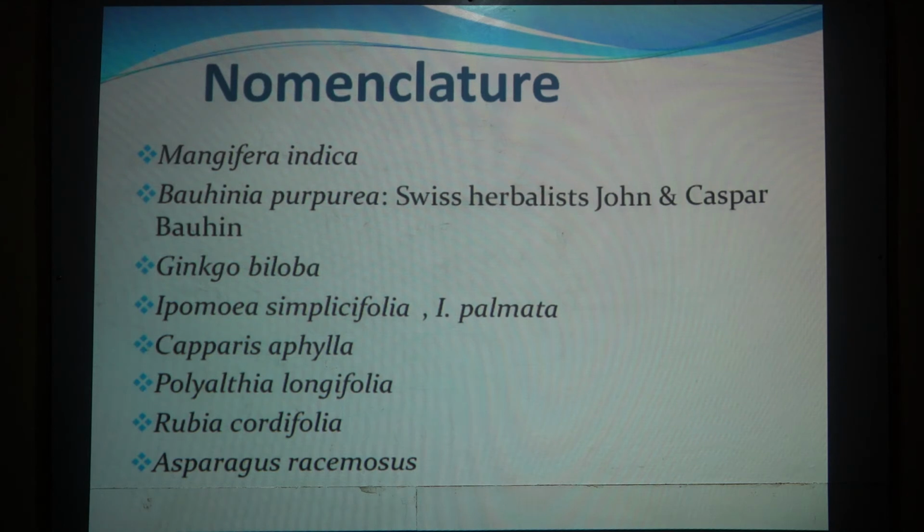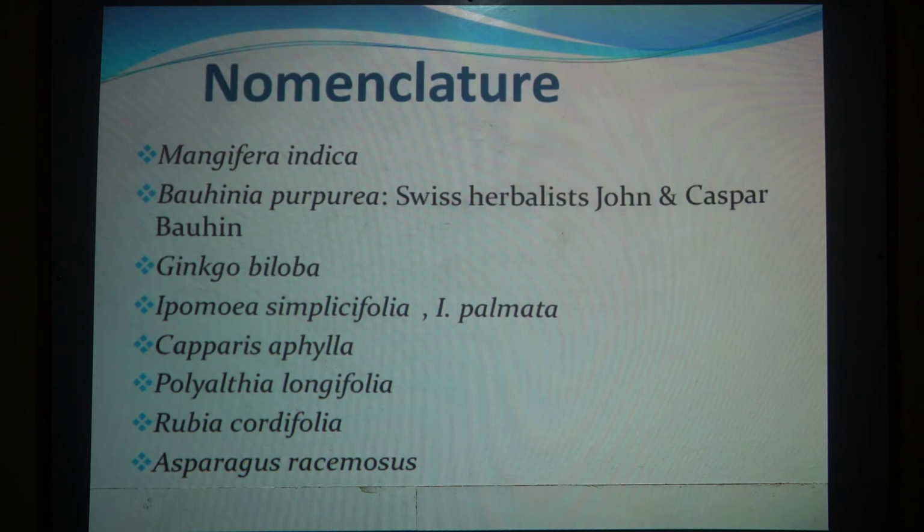Then next, Polyalthia longifolia. In the genus Polyalthia, the leaves are long and hence the name of the species is Polyalthia longifolia. In another species, in Rubia, the leaves are heart-shaped, hence the name is Rubia cordifolia.